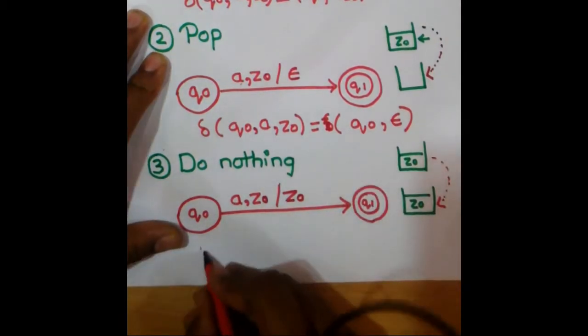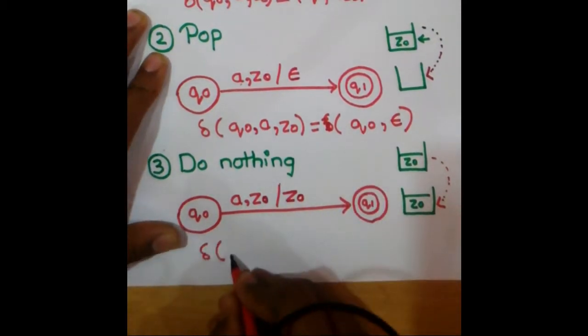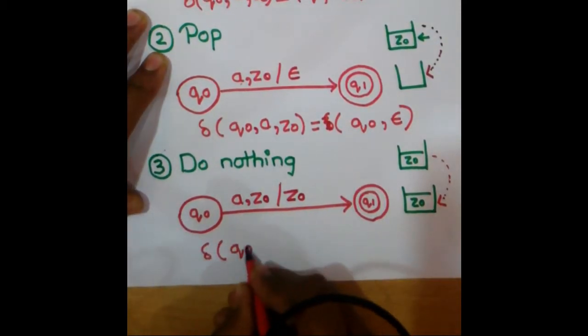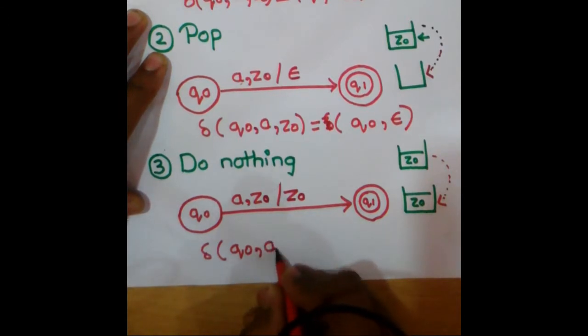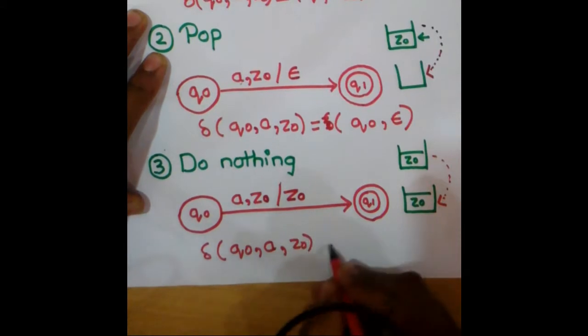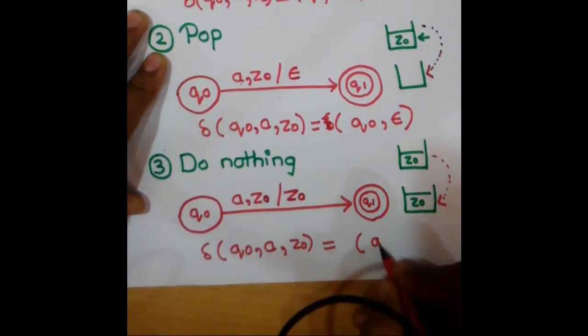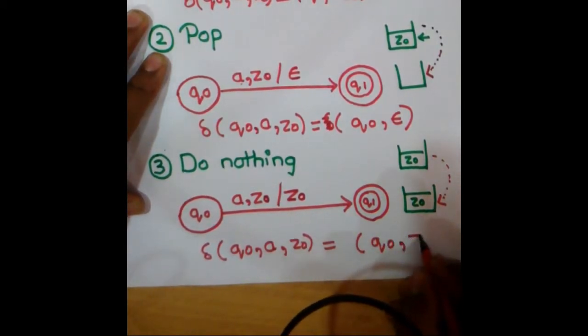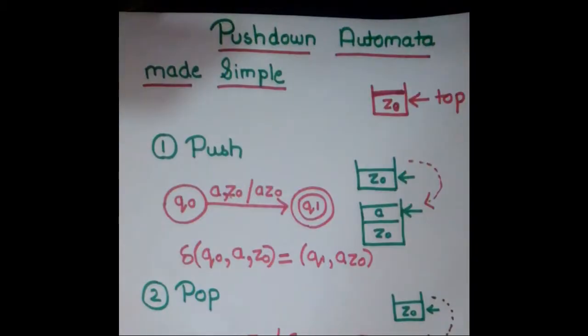That's it. For do nothing, if q0 is the initial state and a is the input and Z0 is inside the stack, we are just letting the Z0 remain here.